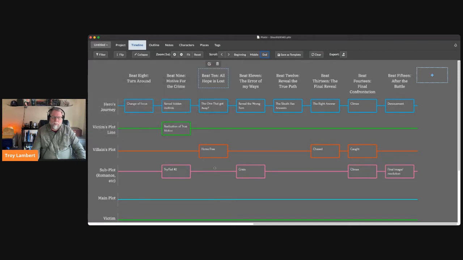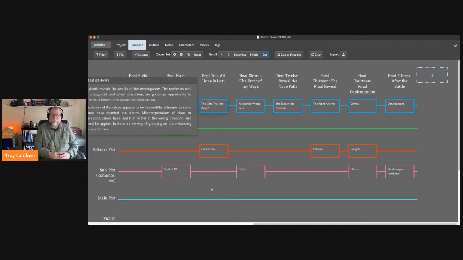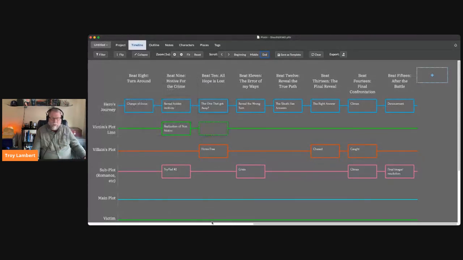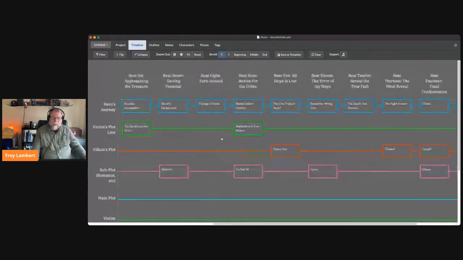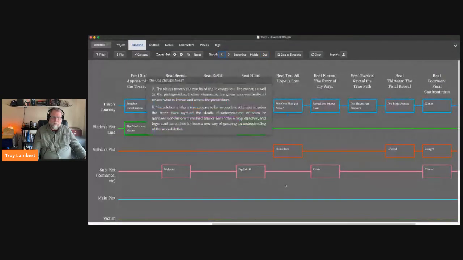Then the all-hope-is-lost moment in a sleuth's adventure is basically it appears that the criminal is getting away with it. And the criminal, on the other hand, let me scroll this a little bit so you can see those a little bit better. And the solution of the crime seems to be impossible.